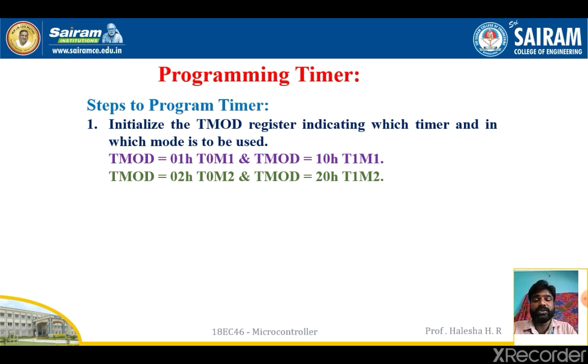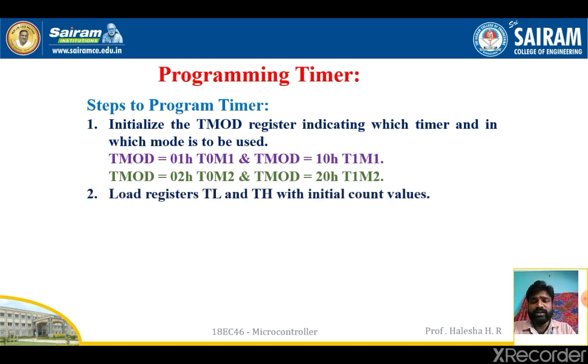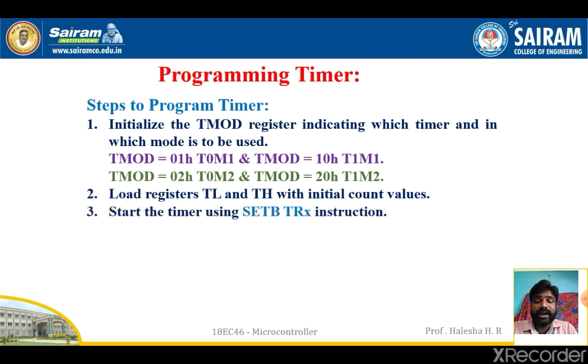The next step is to load the timer low register and timer high register with the initial counts. Once it is loaded, the next step is to start the timer using the instruction SETB TRx. Here x can be either 0 or 1.